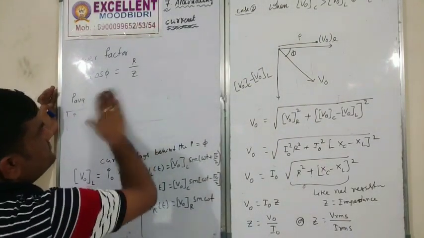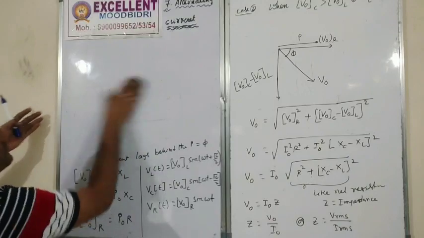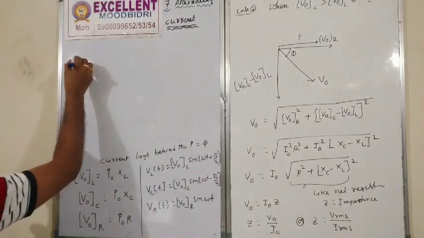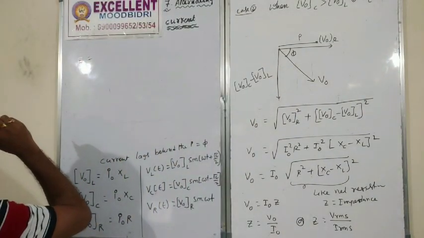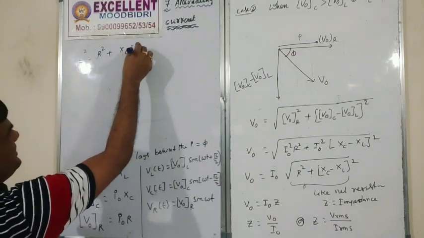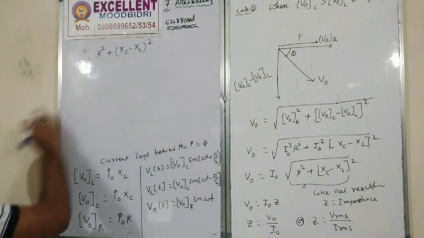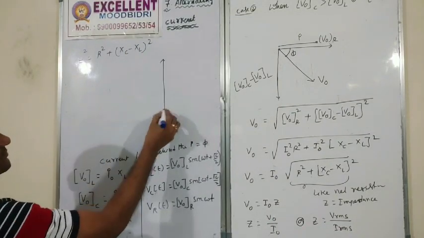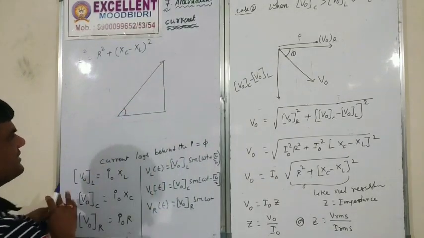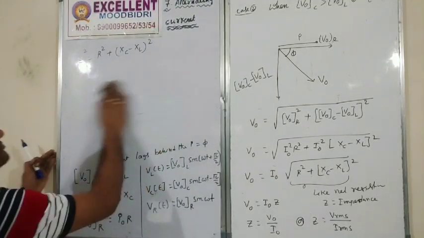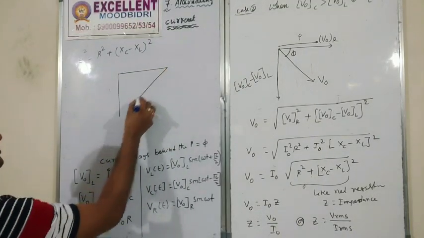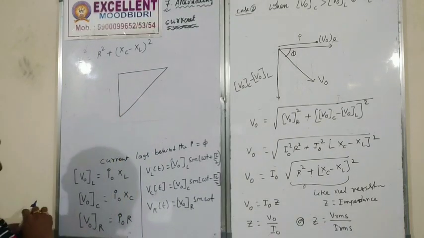Then next, I want to find the value. Same formula: Z square is equal to R square plus XC minus XL whole square. Same only. Alright, so now the graph.